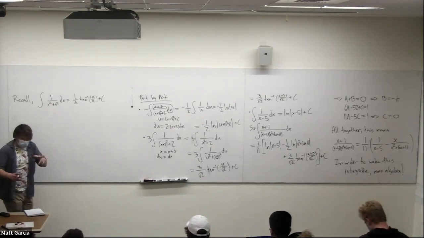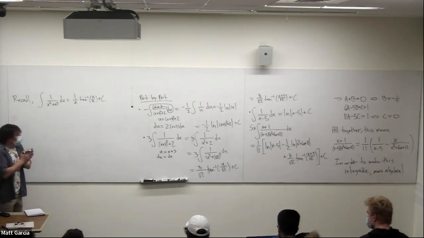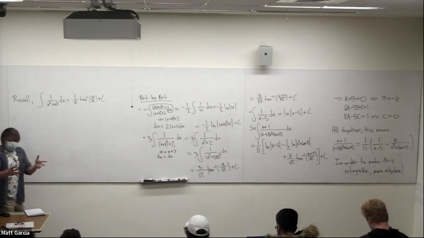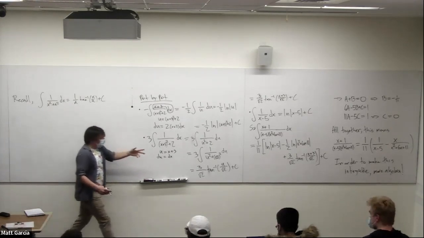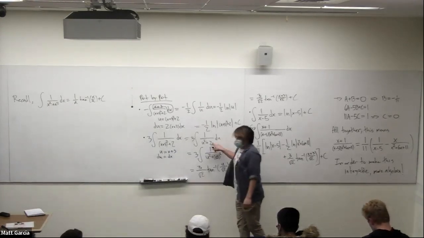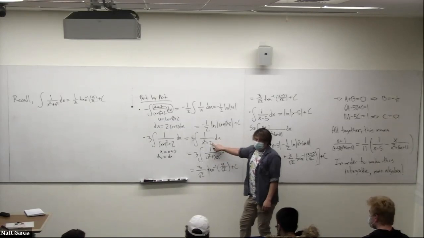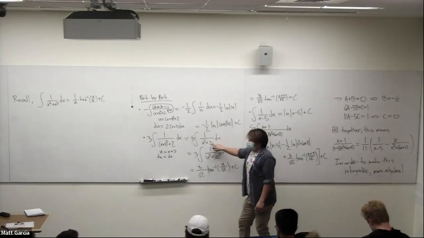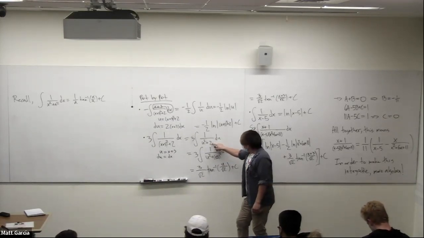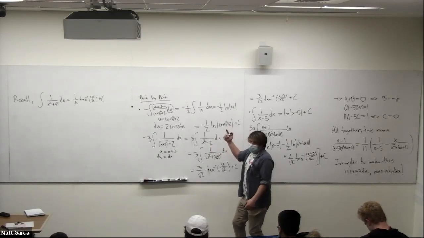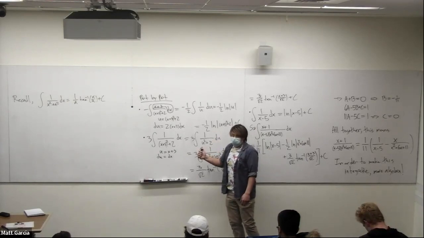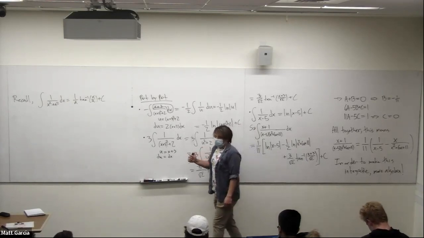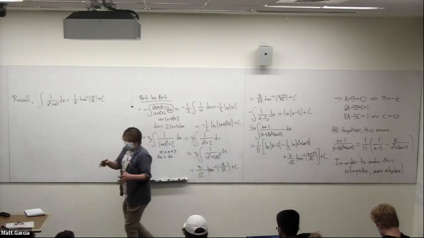That's what I asked you to do at home. You don't have to, but it's valuable to remember this formula. So now you see, at this point, it takes a bit of insight to just be like, oh, well, 2 isn't a square, but I can just take the square root and then square that to get 2. So my a is square root of 2.